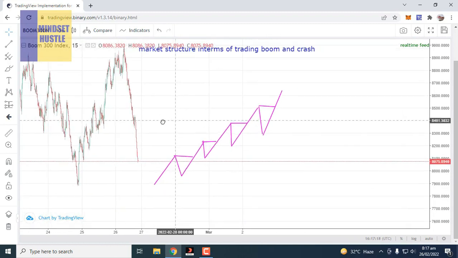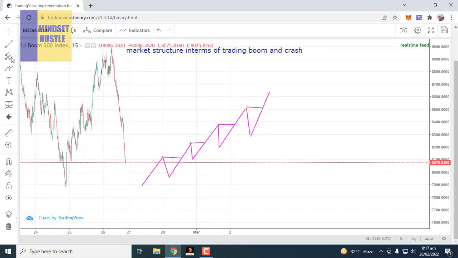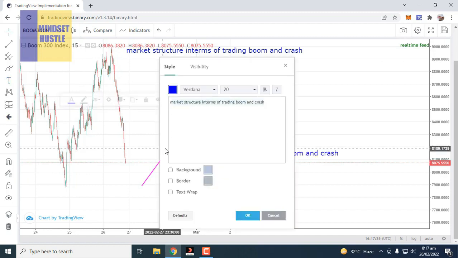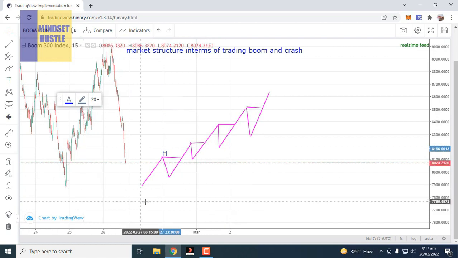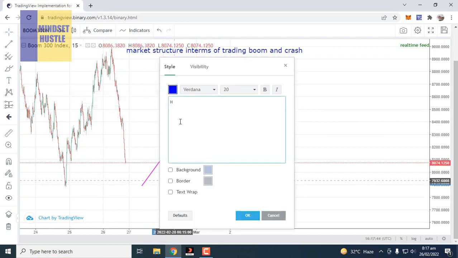All right, so here you can see that as we move, market is performing what we call series of highs and lows. Okay, series of highs and lows.